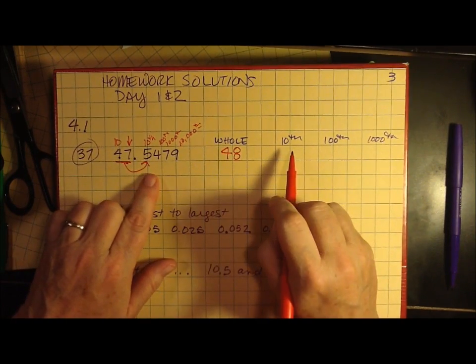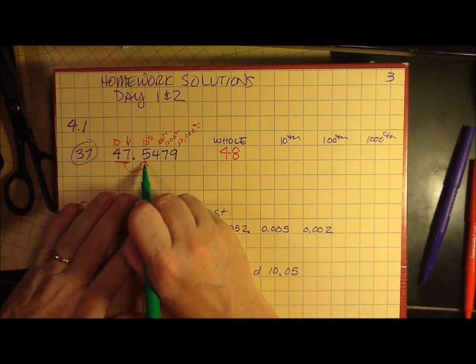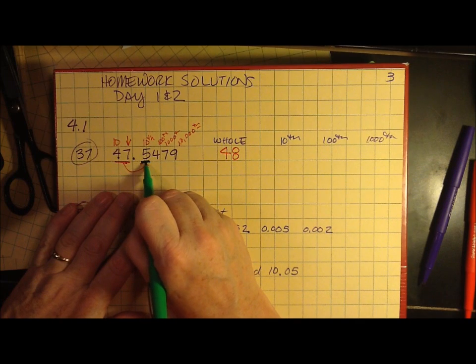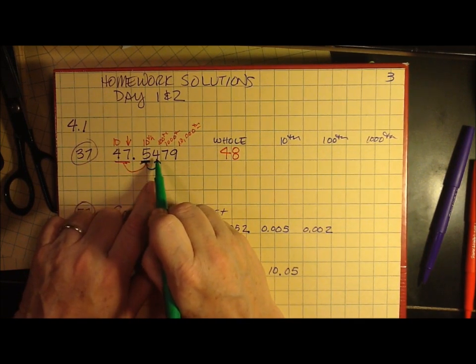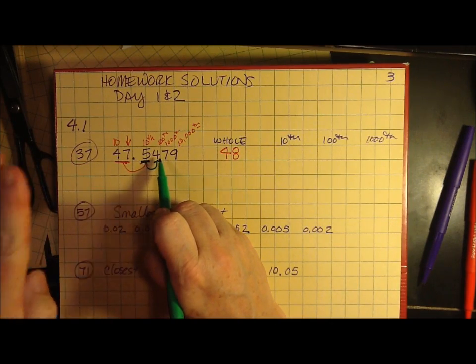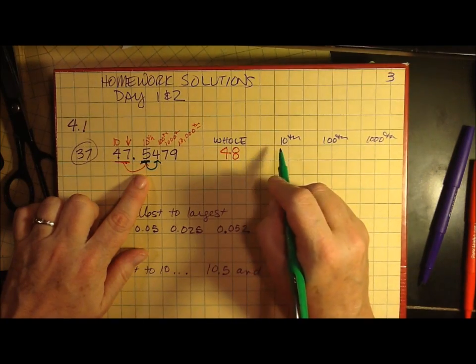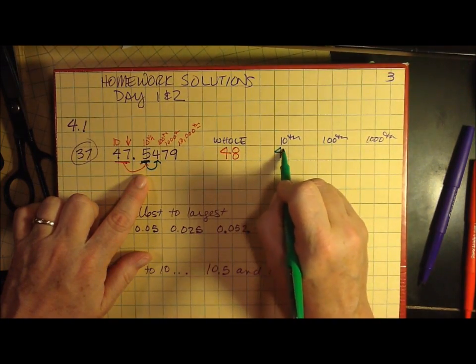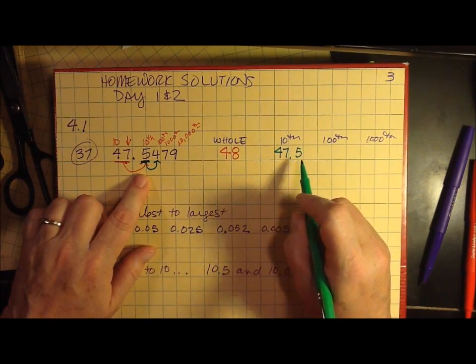So if I round to the nearest tenth, I'm going to take a look at this 5, and it's the guy next to him on the right that helps me decide. 4 is less than 5, so that means stay. So I would leave that 5 there. Rounding to the nearest tenth would be 47 and 5/10, or 47.5.